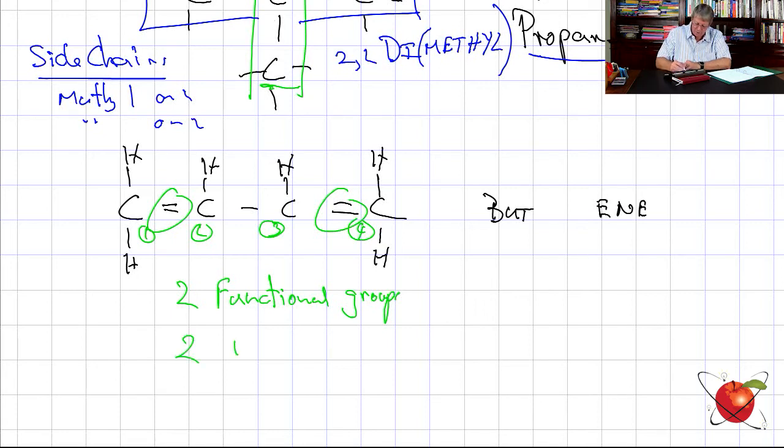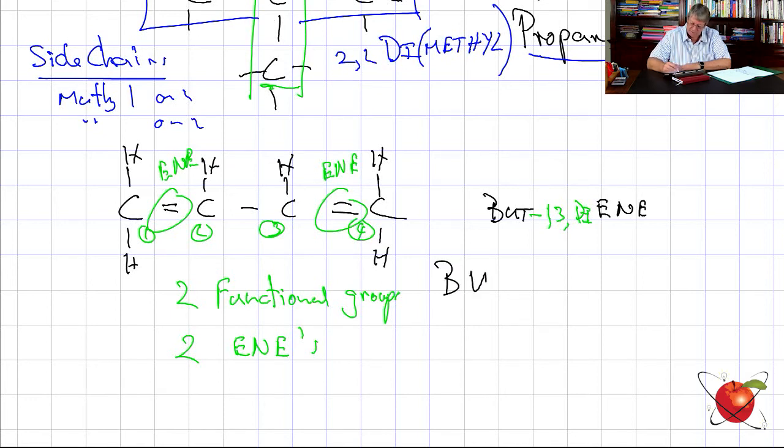There are 2 enes. This is an ene, and this is an ene. So therefore, it's bute. Right, now, you have to tell me, remember where we are. Bute 1, 3, and diene. So let's rewrite it. Let's just go through it again.